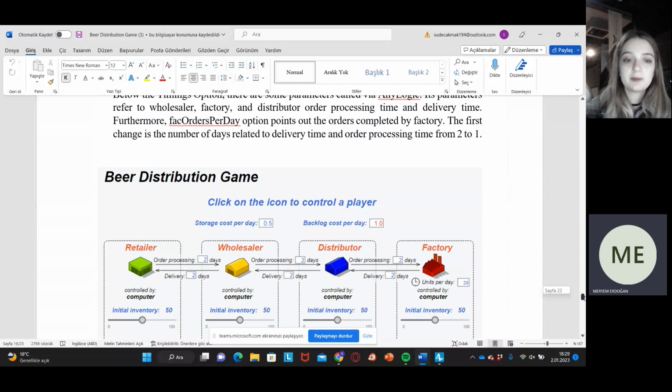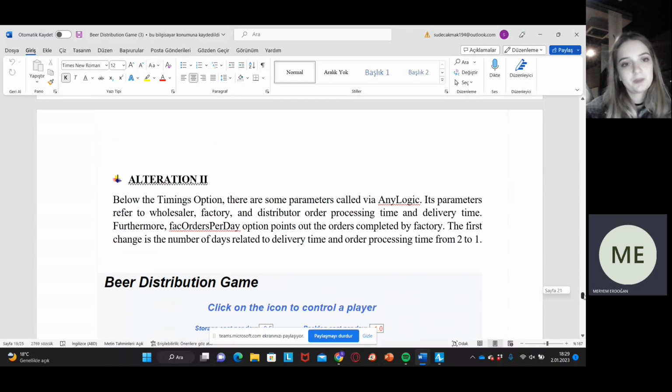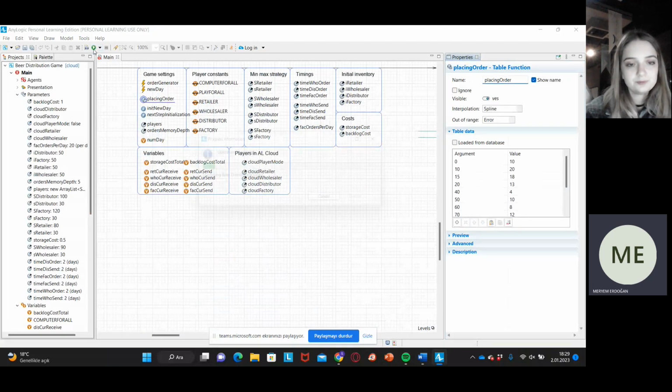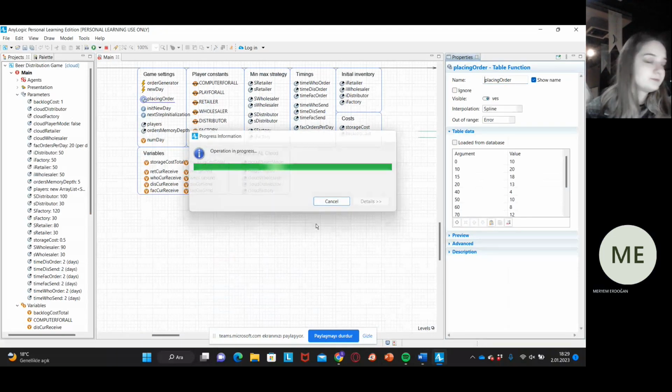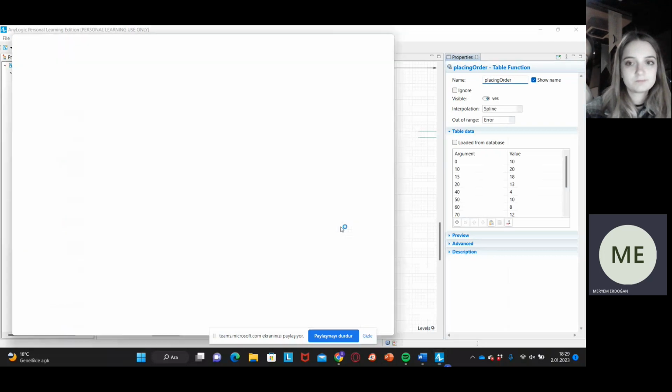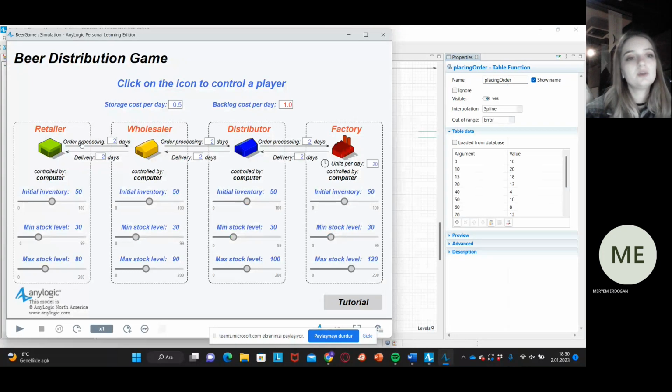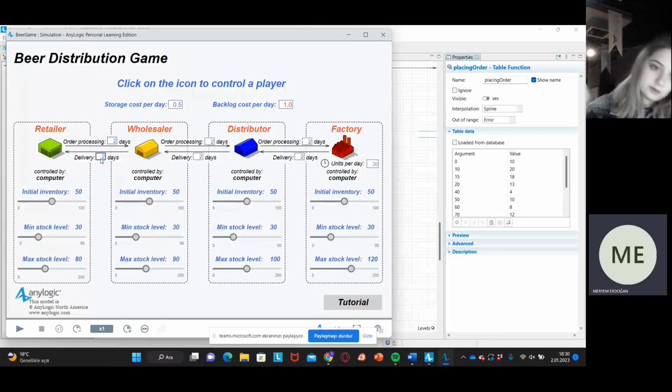So I'm going to talk about the second change that I made. The first one is the systems page when you try to run the model, and I can show you. And as you can see here, we have 2 days, and for delivery it's also 2 days.